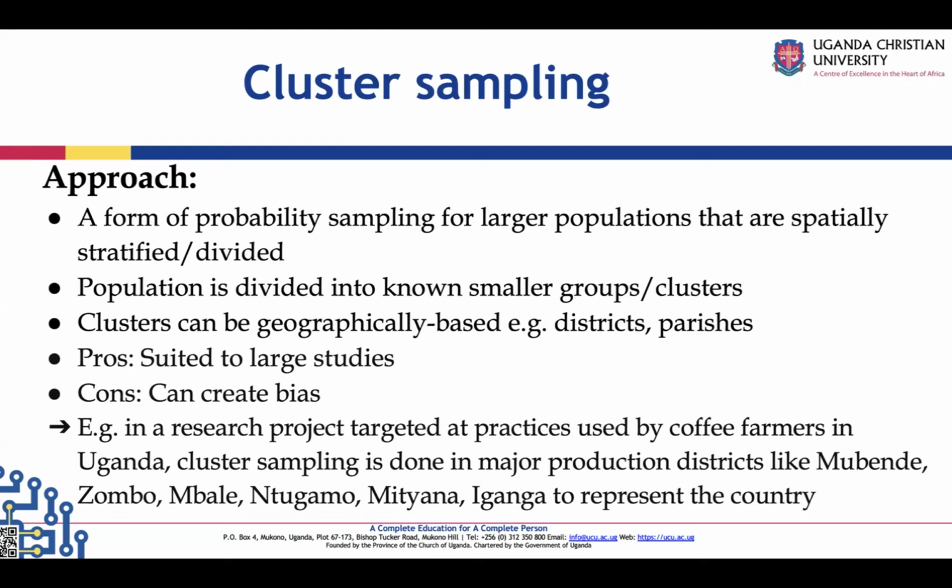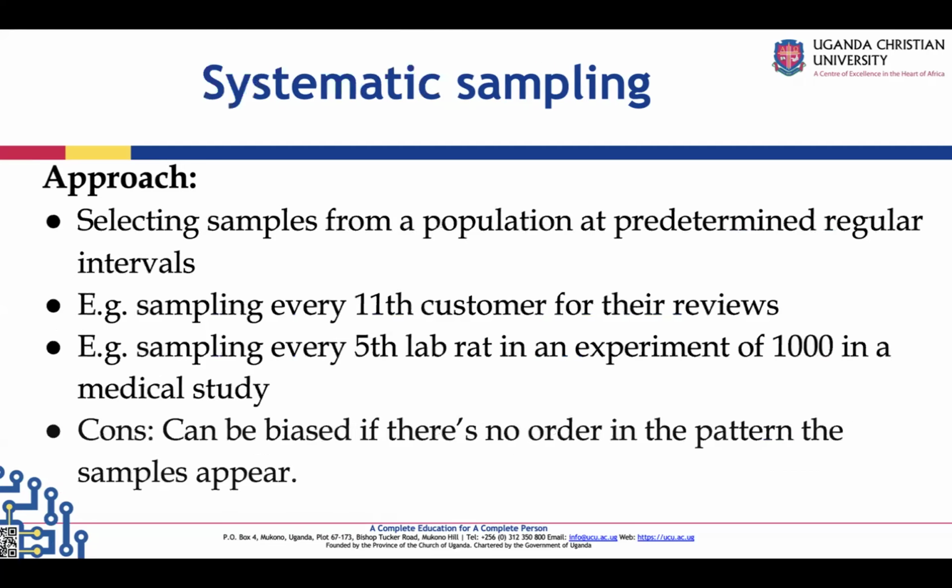For example, you are trying to look at how many people practice coffee farming within the country of Uganda, and you use the cluster sampling approach, specifically targeting the major producers, like Mubende, Zombo, all the way to Iganga. Now, what if there are other districts that do practice and they haven't been represented in your sample? This could create a bit of bias in your data.